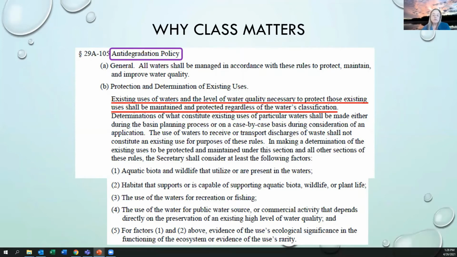So even if it is currently a B2 right now, but it is excellent aquatic habitat, excellent spawning habitat for fish and bugs, then it can't be degraded based on the anti-degradation policy. But we want to make sure that it's very clearly understood that that is what this water is by reclassifying it, so everyone understands that this is a water to be protected. That's what reclassification is kind of all about.